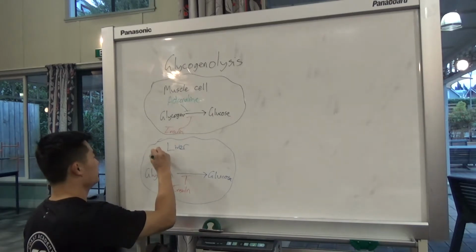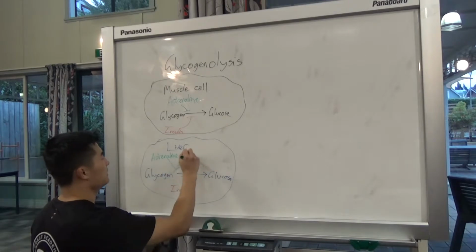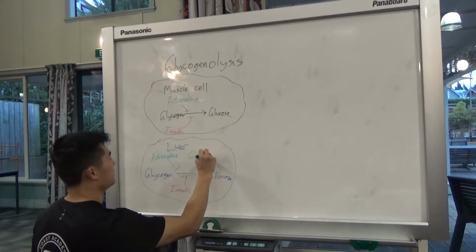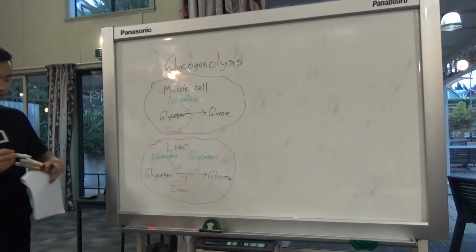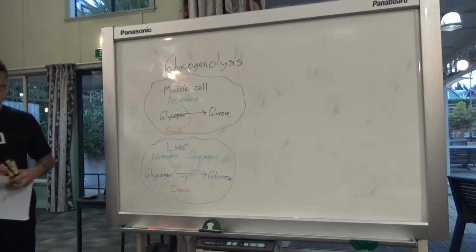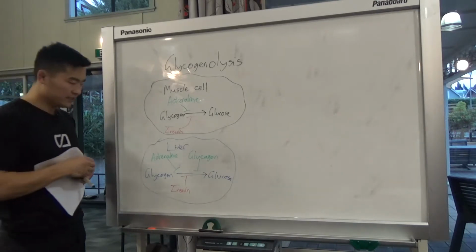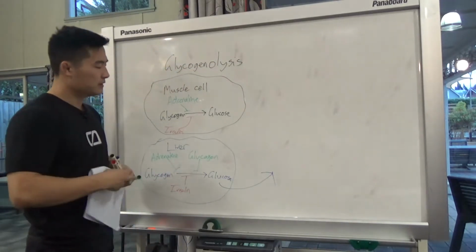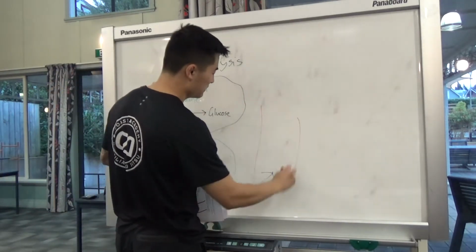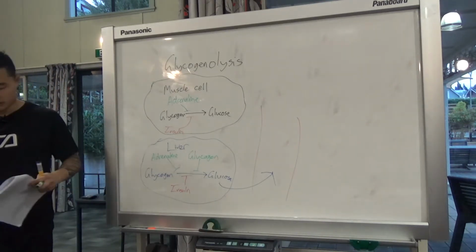And it will also be stimulated by adrenaline, and glucagon is going to stimulate the liver cell to break down glycogen. And this glucose can go into the blood and raise the blood sugar level. Okay.